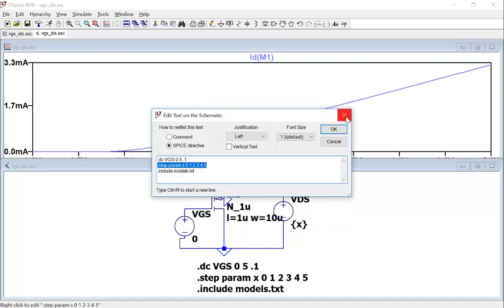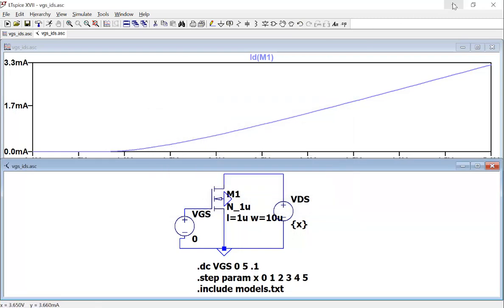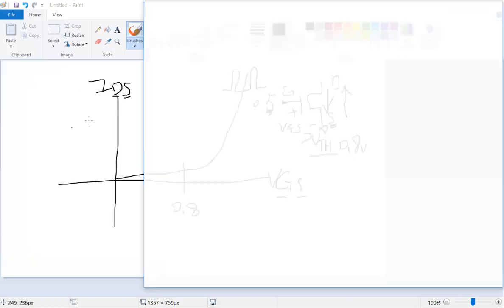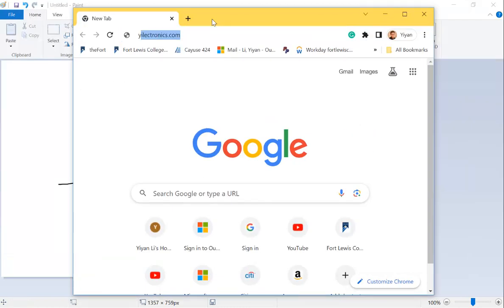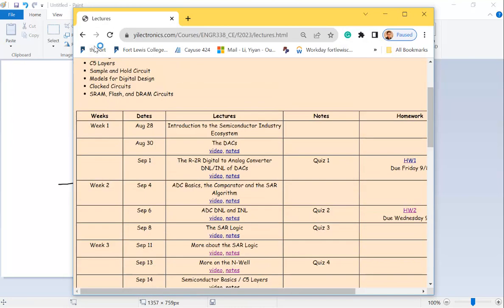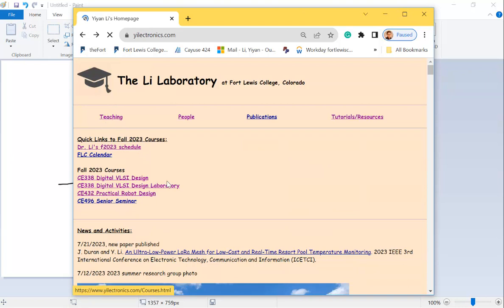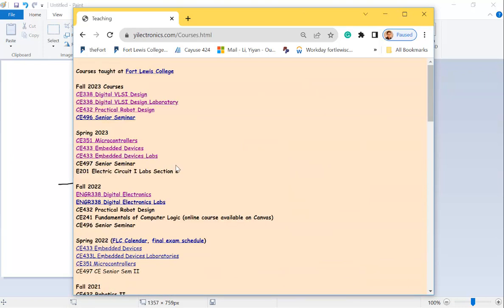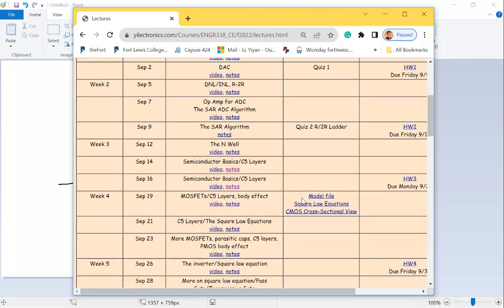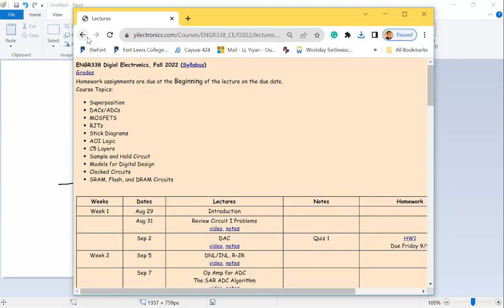Do you have a place to download that models file? Yes, it's on the website. Let me show you. I thought it was a logic, but I couldn't find the logic. Here. Okay, that's in the digital teaching, but for 2022.